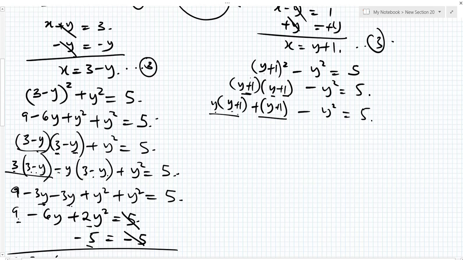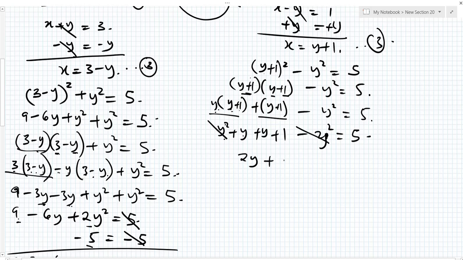Now if you open this bracket, you have y squared plus y, since y times y is y squared and y times 1 is y, plus y plus 1 minus y squared equal to 5. This will cancel out this. You are left with 2y plus 1 equal to 5.